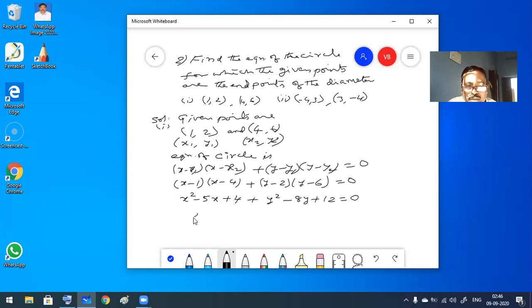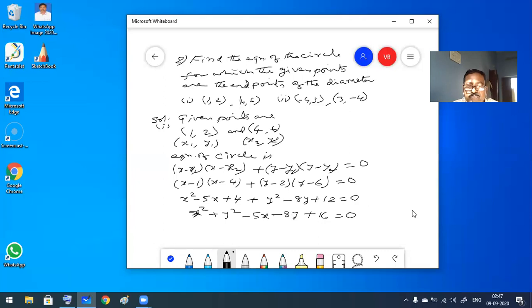So x square plus y square minus 5x minus 8y plus 4 plus 12, plus 16, is equal to 0.